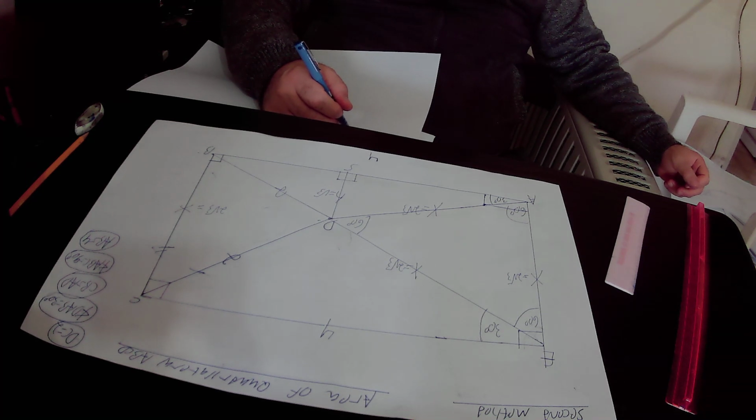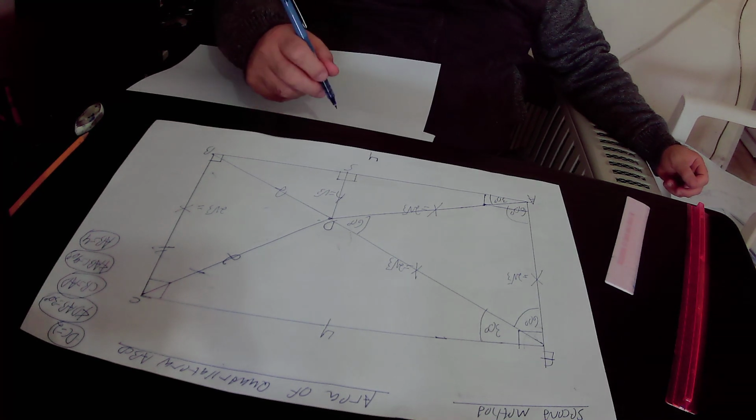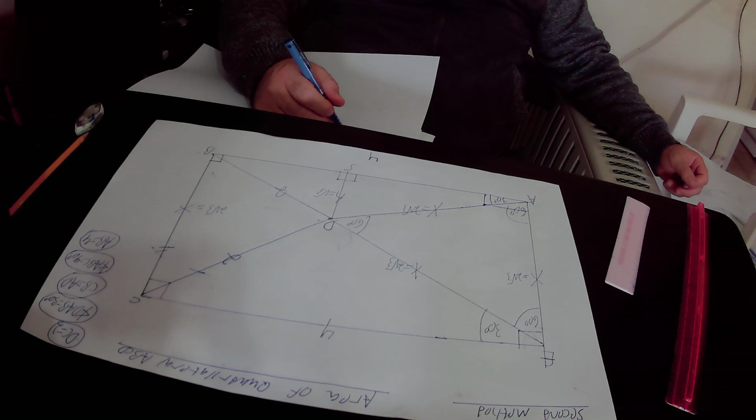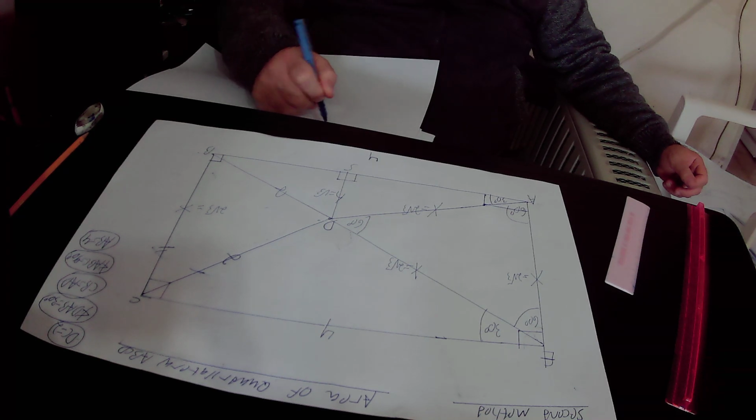So the perimeter of triangle DCB is 2 plus 2 plus 2 times square root of 3.